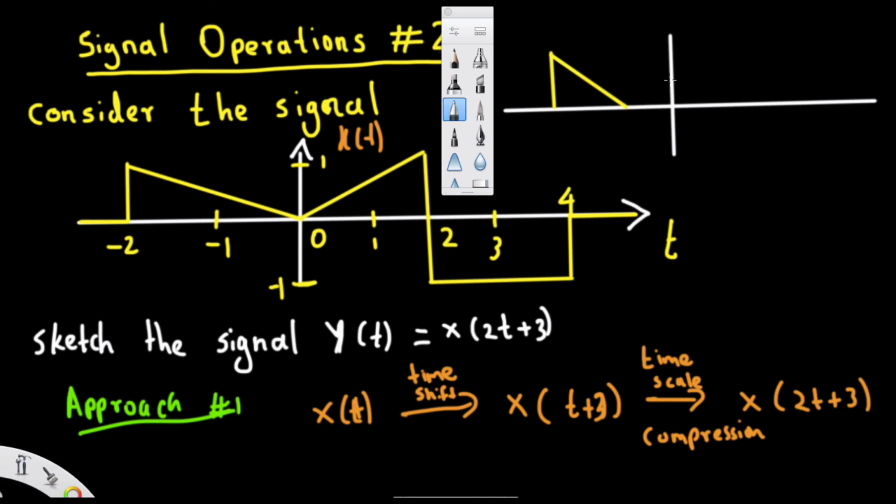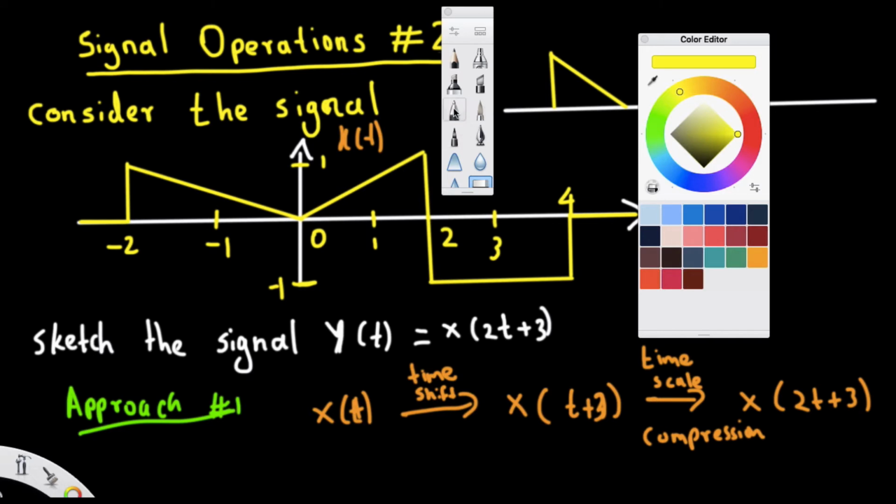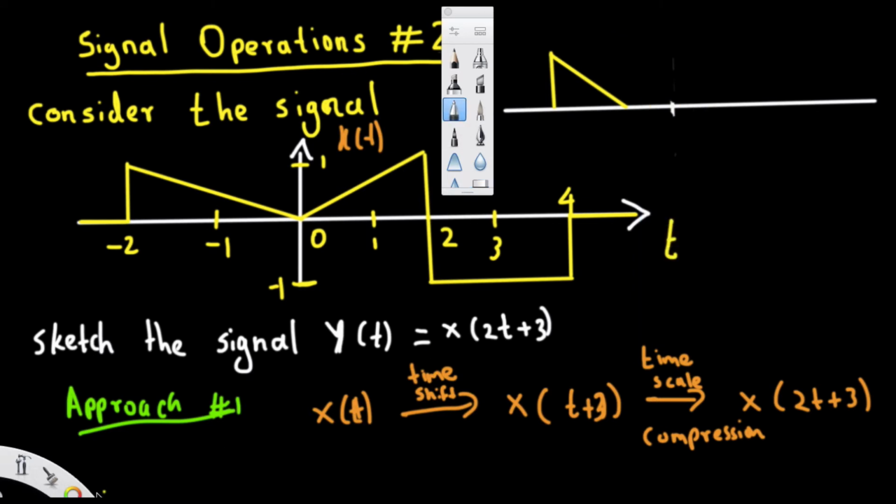So I need more space. I delete this one a little bit because we are gonna have this one in negative 1 here. I delete this one and continue here. Okay, here we go. This one just ends at negative 1.